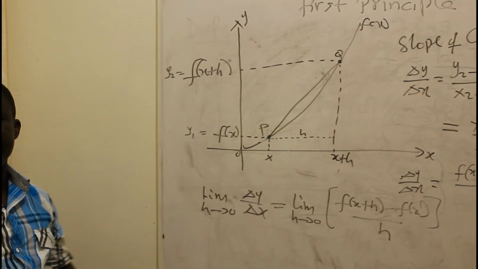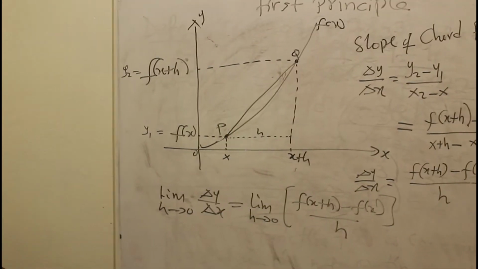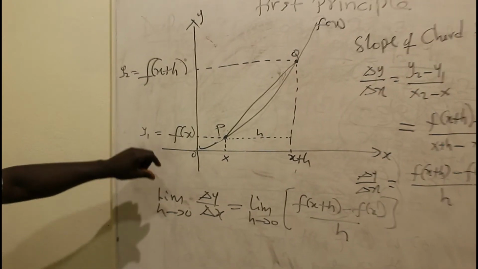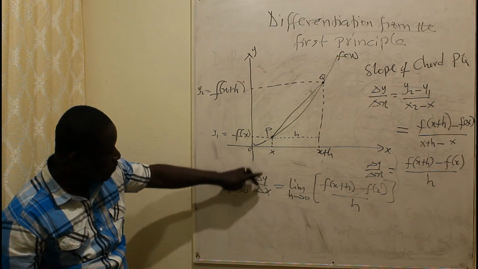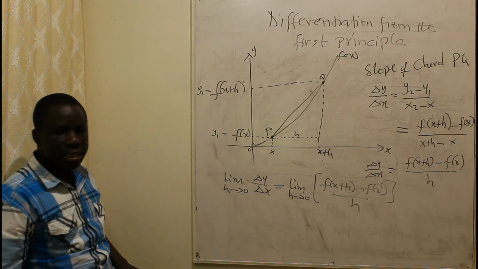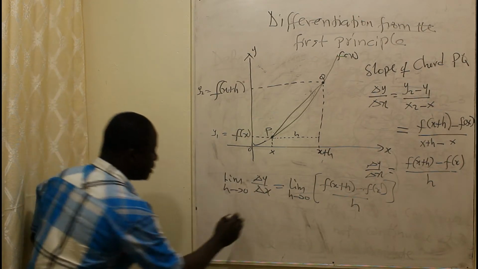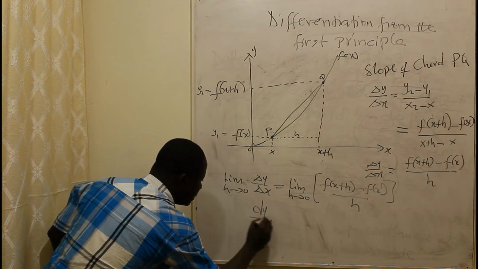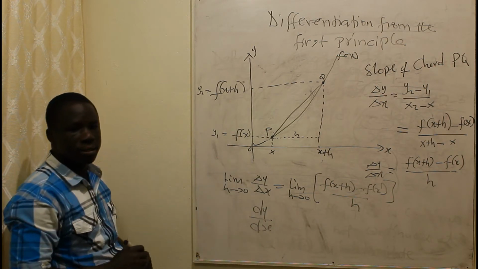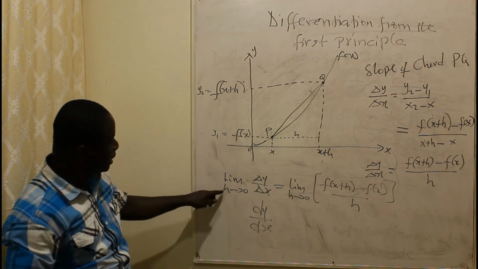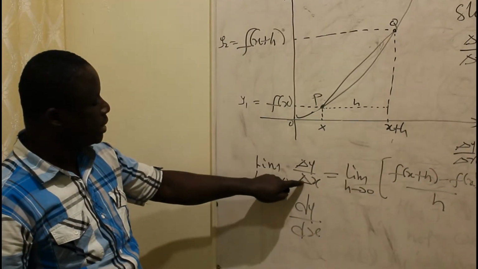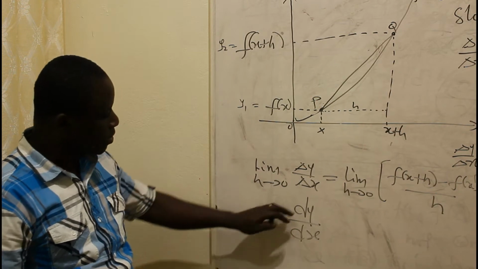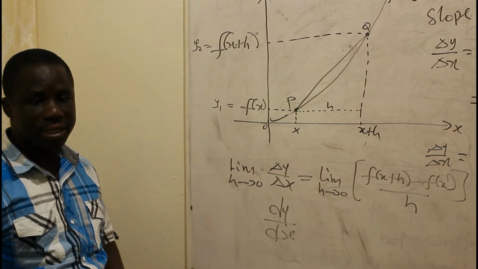And in Leibniz notation, the limit as changing y over changing x, he denoted it by dy dx. So the limit as h, the small changes, approaches 0, the changing y over changing x is now called dy dx in Leibniz notation.